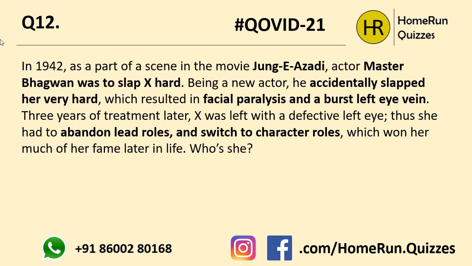So this is question number 12. In 1941, as a part of a scene in the movie Jung Azadi, actor Master Bhagwan was to slap X very hard. Being a new actor, he accidentally slapped her very hard, which resulted in facial paralysis and a burst left eye vein. 3 years of treatment later, X was left with a defective left eye. Thus, she had to abandon her lead roles.